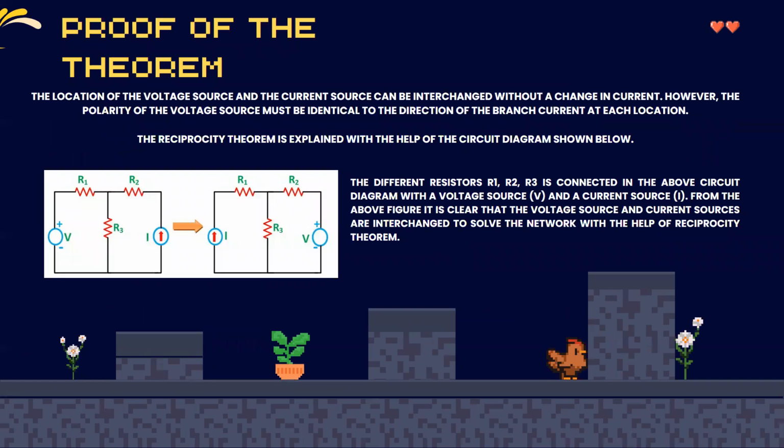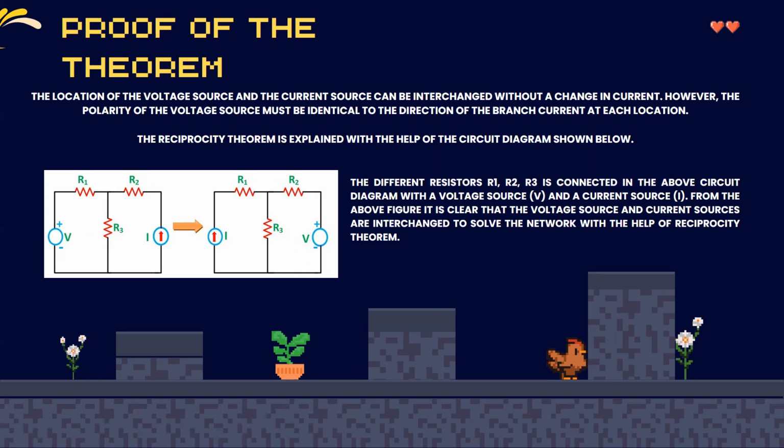Proof of the theorem. The location of the voltage source and the current source can be interchanged with a change in current. However, the polarity of the voltage source must be identical to the direction of the branch current at each location. The reciprocity theorem is explained with the help of the circuit diagram shown below. Can you see the figure?